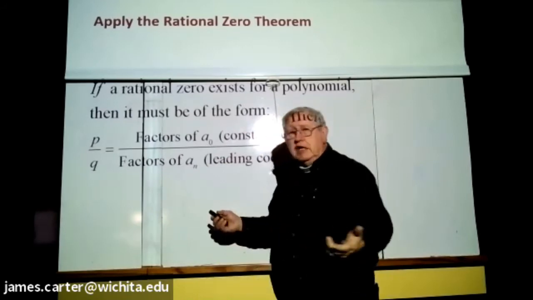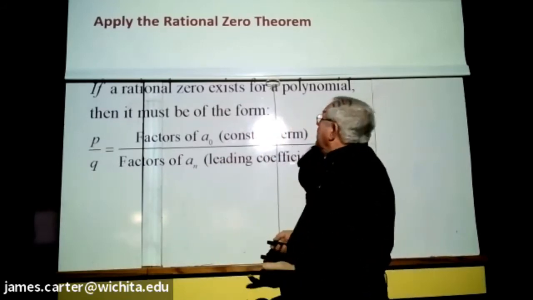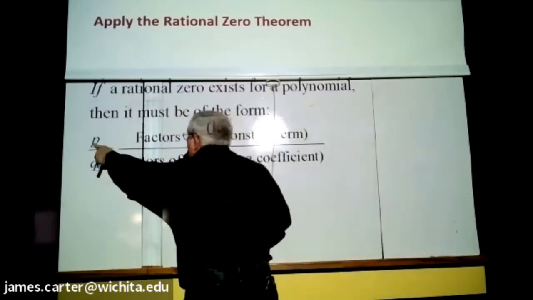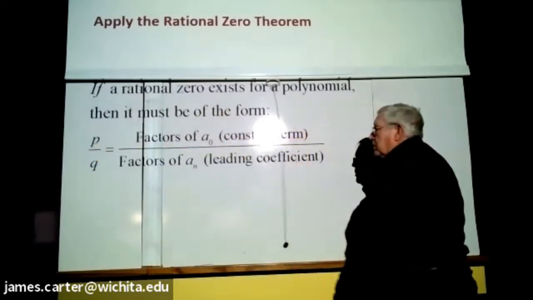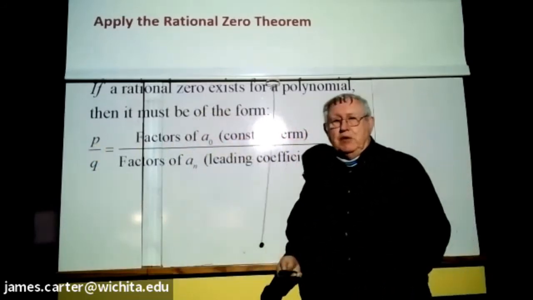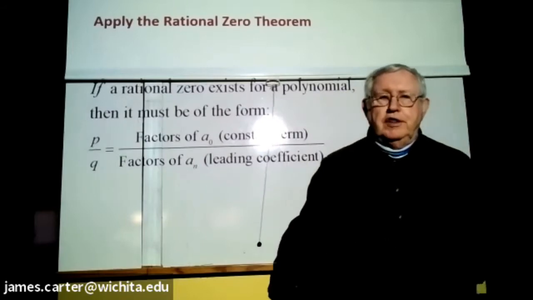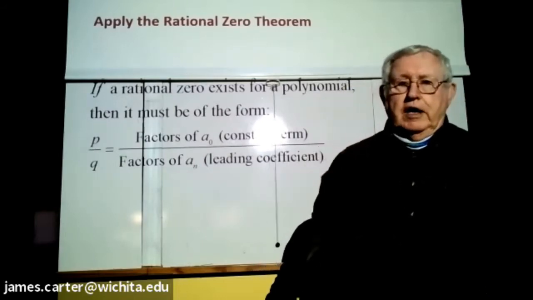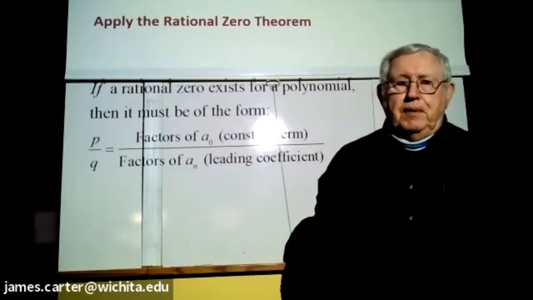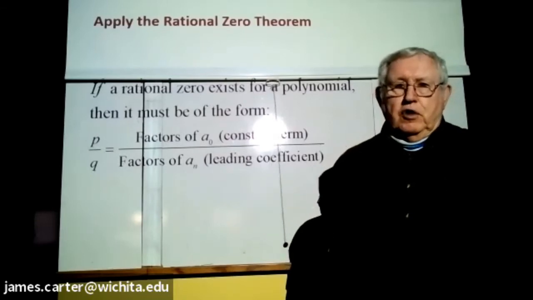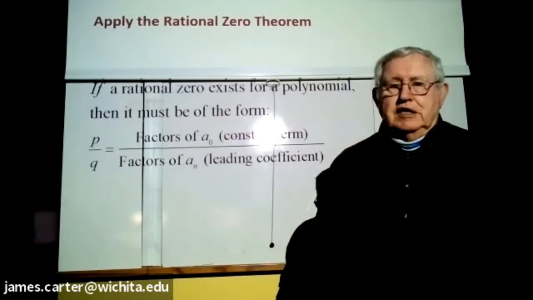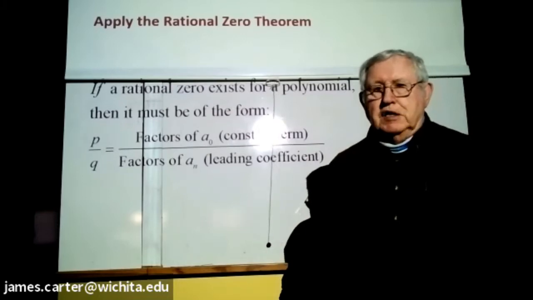Now, if the leading term's 1, then it's easy. It's just what are the factors of the constant on the end? It has to be one of them. I gave you a clue to this the other day when I gave you an example saying, well, if it were a certain number, then this number we're trying would not be a possibility.